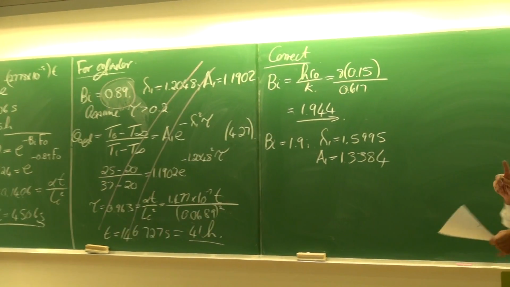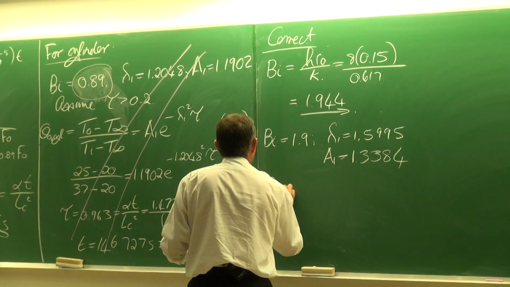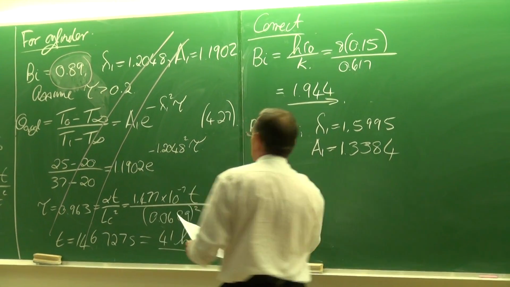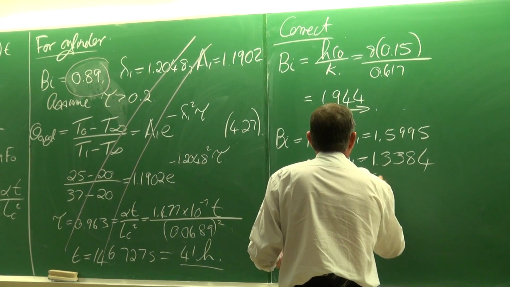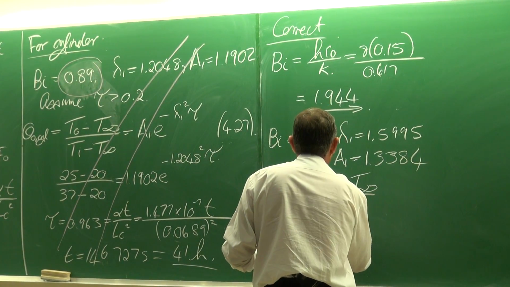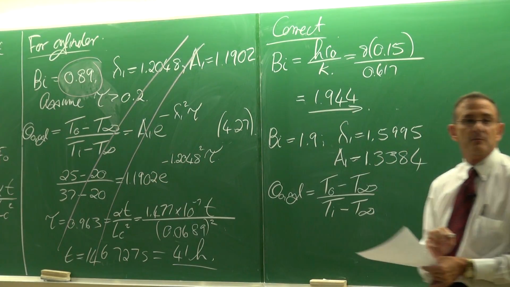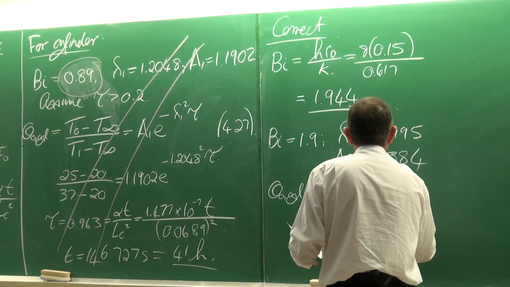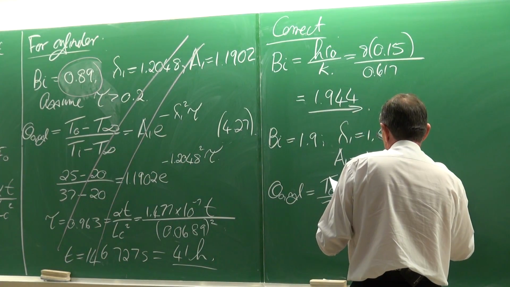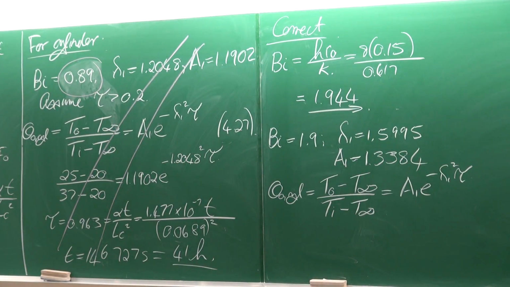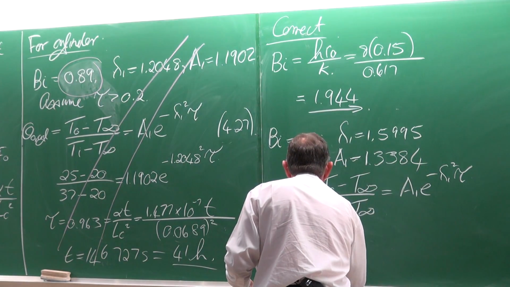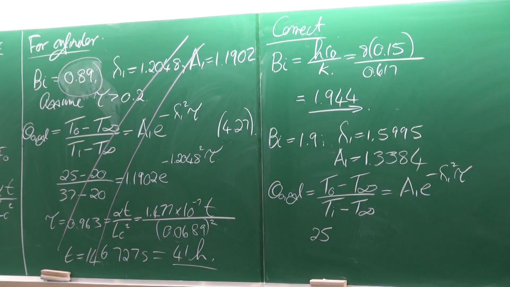And now, going back to the solution for the cylinder: the temperature at the center minus the environment temperature, over the initial temperature minus the environment temperature, is equal to A1 e to the minus lambda 1 squared multiplied by tau. Temperature at time t is 25. It didn't cool down to 20.